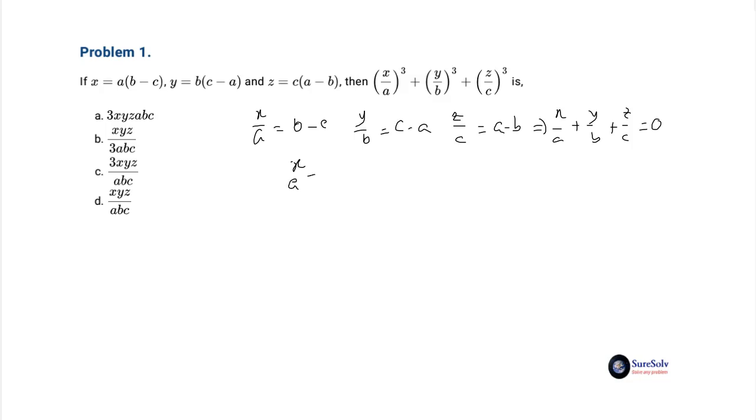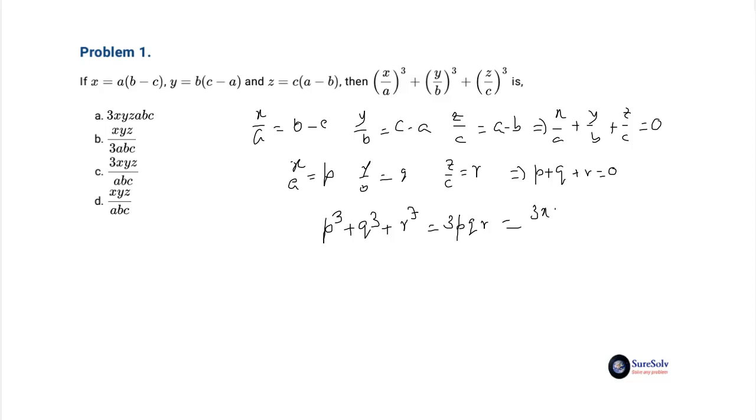Assuming x by a equal to p, y by b equal to q, and z by c equal to r, the result is p plus q plus r equal to 0, and the target expression p cube plus q cube plus r cube must be equal to 3pqr, as p plus q plus r equal to 0, equal to 3xyz by abc. Answer option C.